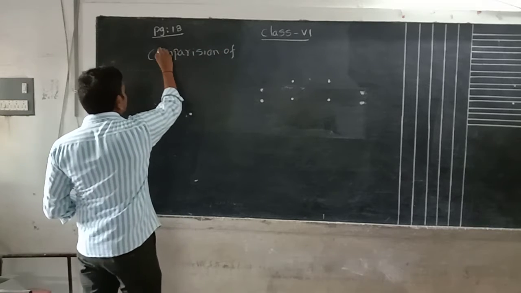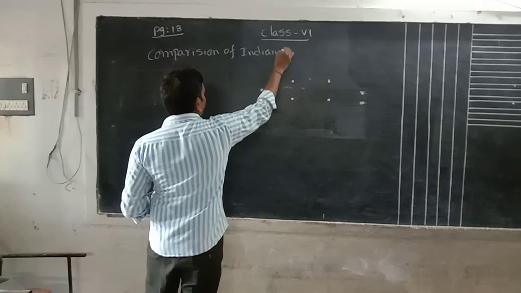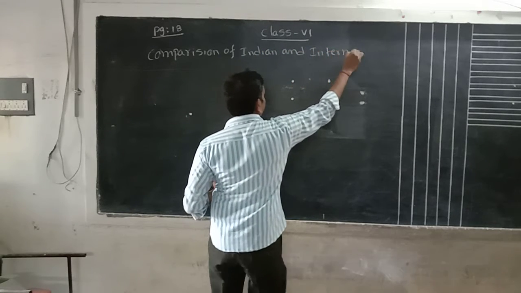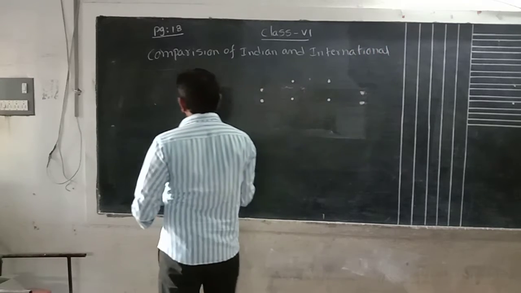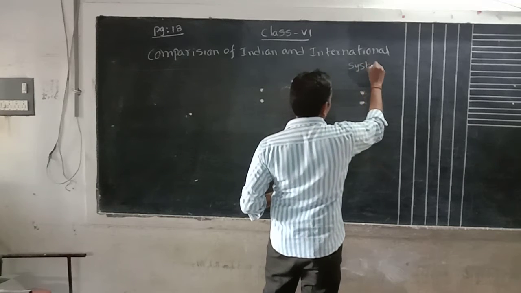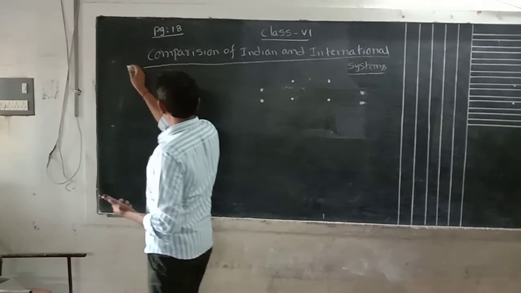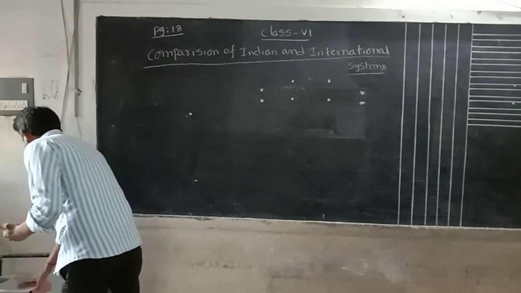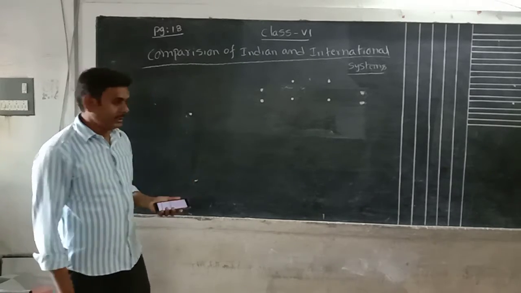Comparison of the Indian and international systems. These two systems have to be compared. So many times they ask for this. First we have to write the places. According to the places only, we have to follow the Indian system.